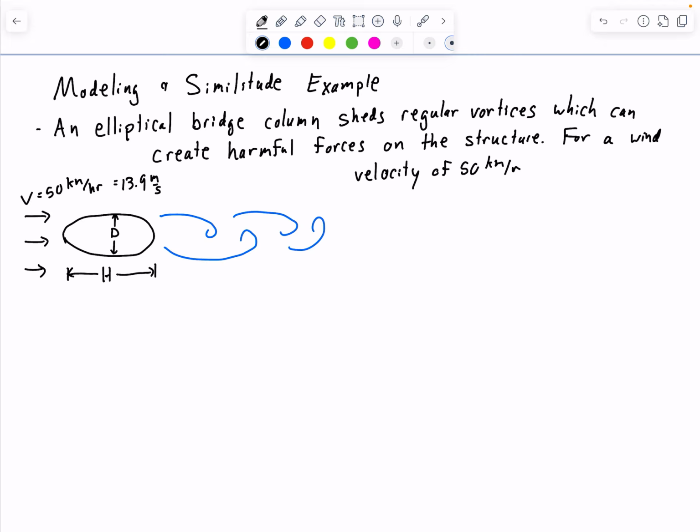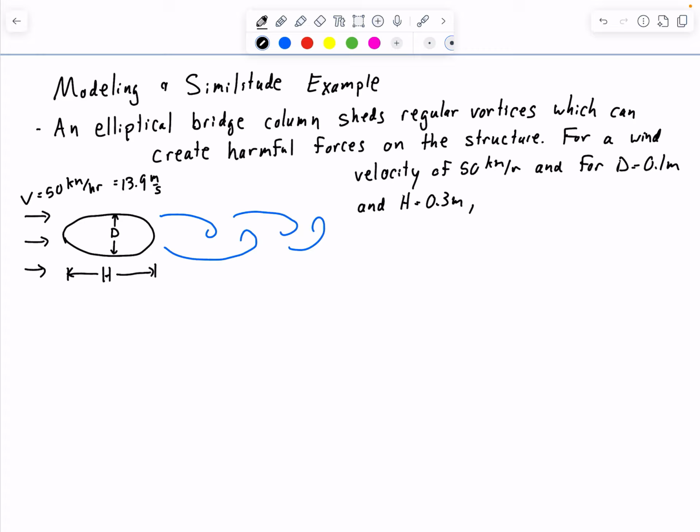So for this particular wind velocity and for dimensions, we have D equal to 0.1 meters, and H is 0.3 meters.